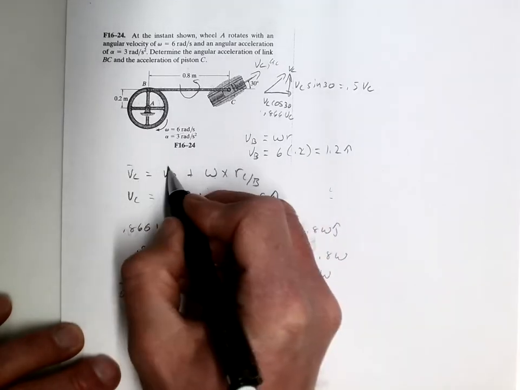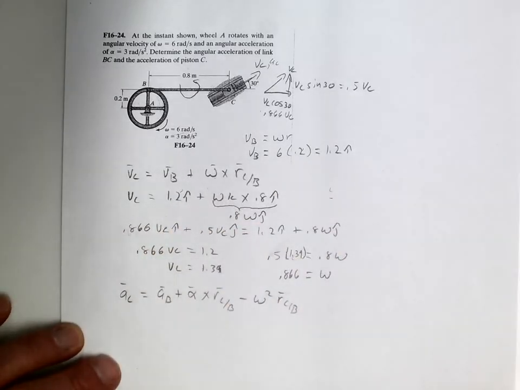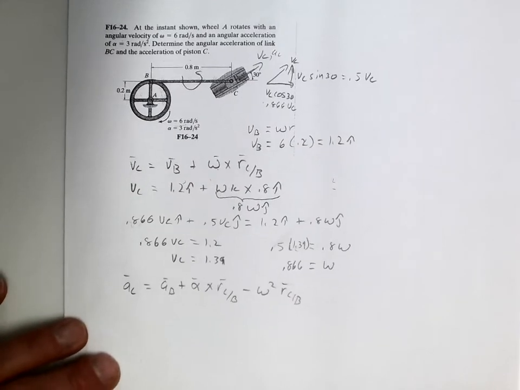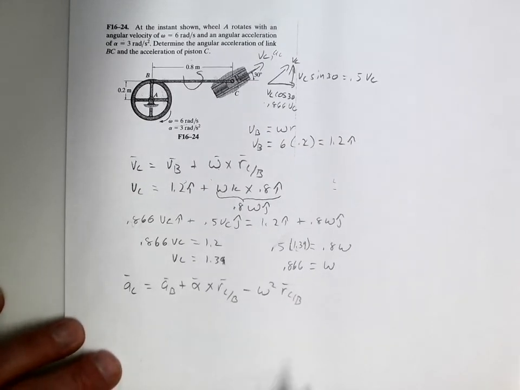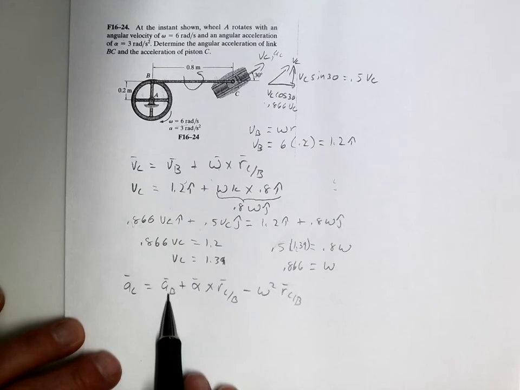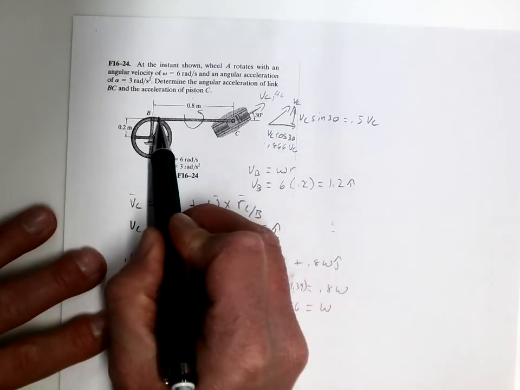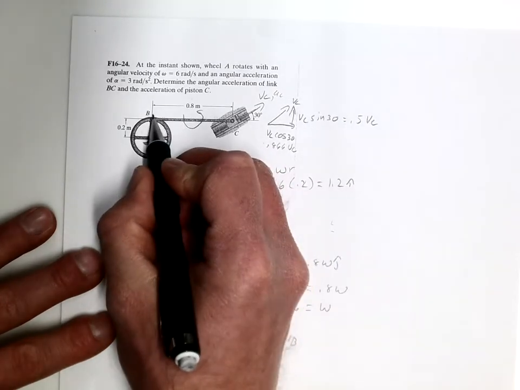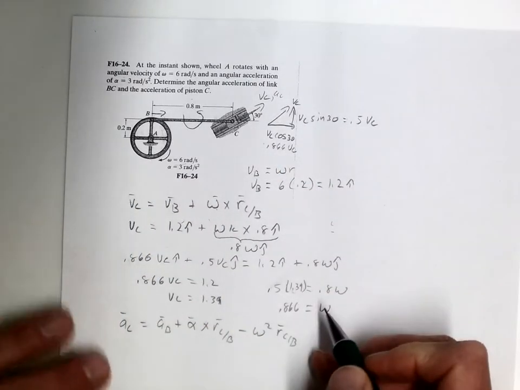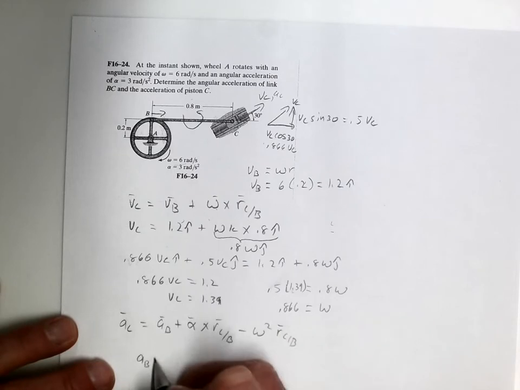I should put those up there. Okay, so what is AB? AB right there, we're going to have an acceleration that way of alpha r in the I direction.